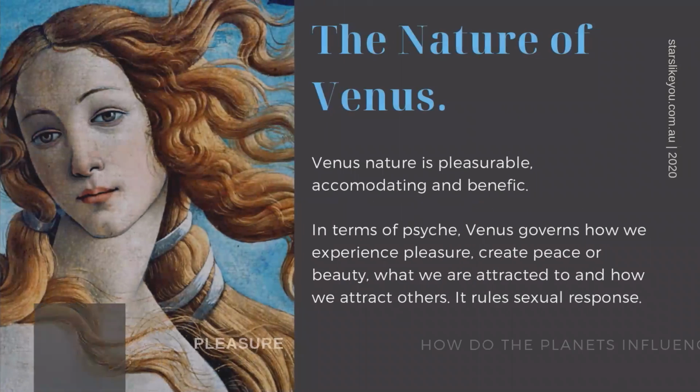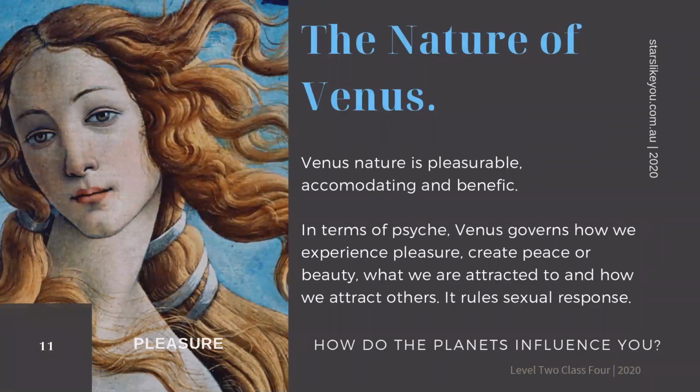So, on the one hand, you can think of Venus as representing those aspects of your psyche associated with your experience of pleasure. Venus's nature is therefore said to be pleasurable, accommodating, and benefic.